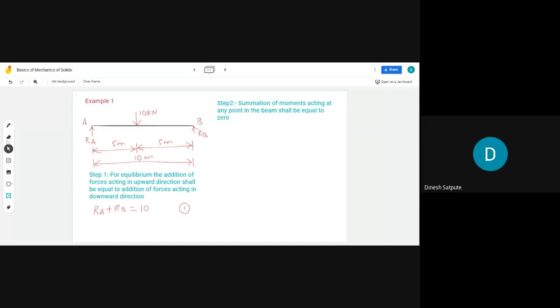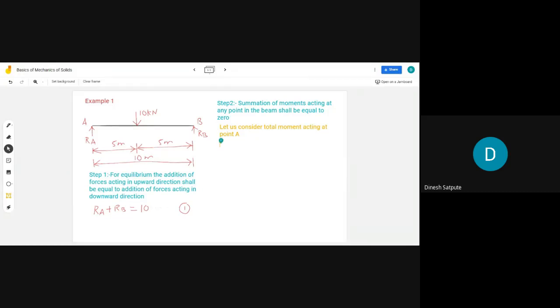So using this, if you write down the equation for this case, let us consider the total moment acting at point A. I'll denote it as MA.